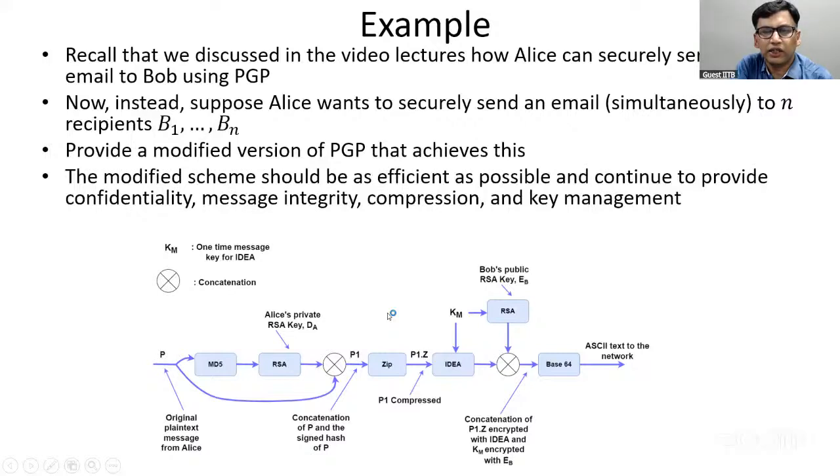The only thing specific to the receiver is this operation, where the receiver's public RSA key is used to encrypt the symmetric key KM that is used for encrypting the plaintext message. So we can just repeat this part, which is specific to the receiver, and the other operations can be done only once.